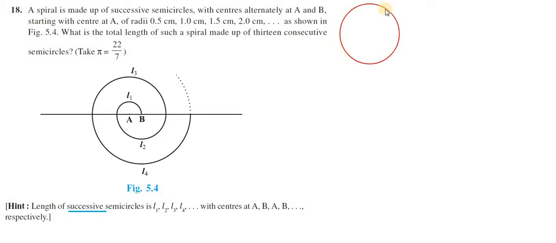So this complete circle's circumference is known as the length of a circle. So what is the circumference of a circle? We know that the circumference of a circle is equal to 2 pi r.